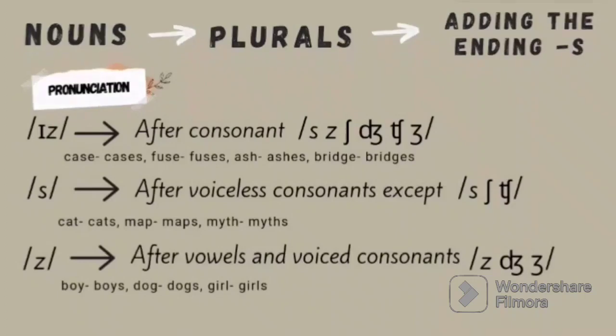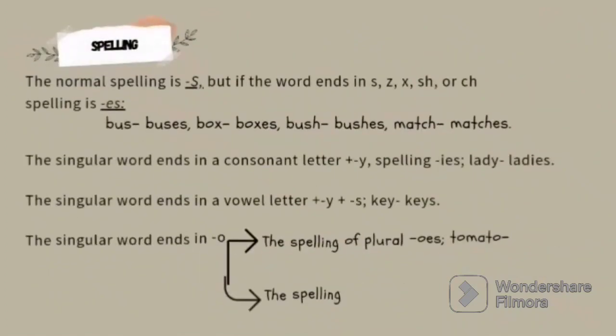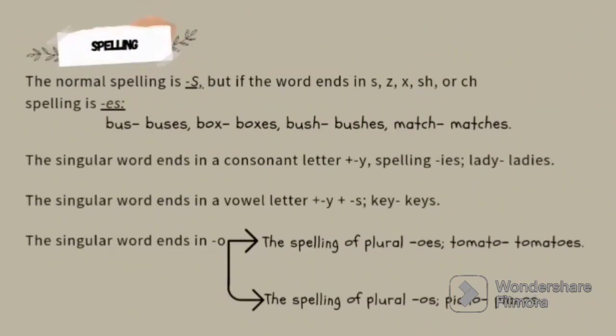The correct spelling of plurals usually depends on what letter the singular noun ends in. The normal spelling is s. But if the word ends in s, c, x, sh, or ch, the spelling is es.